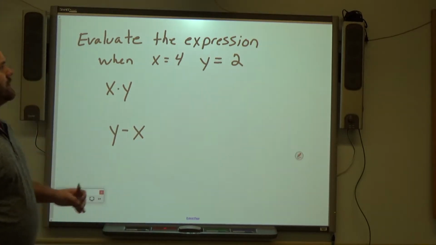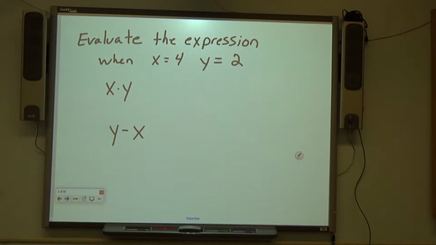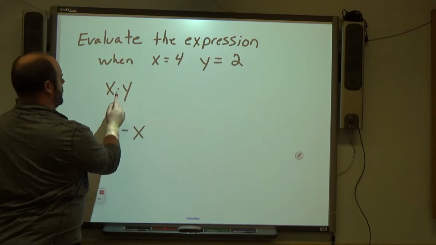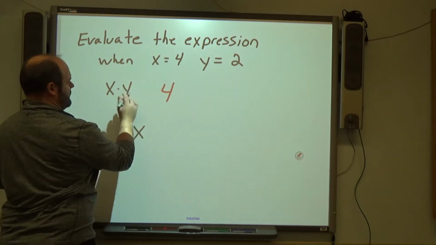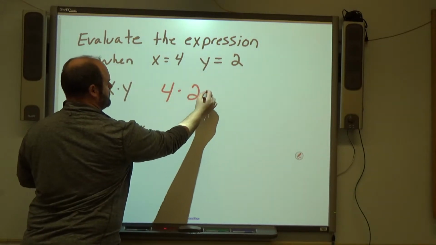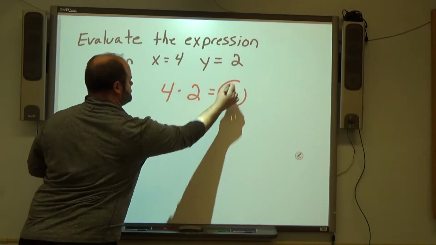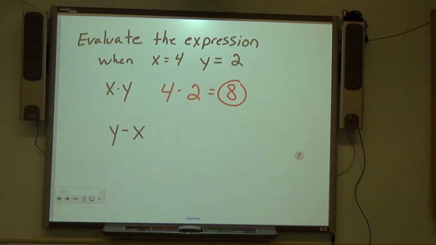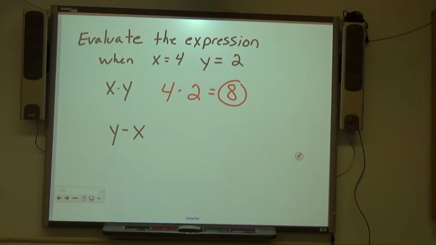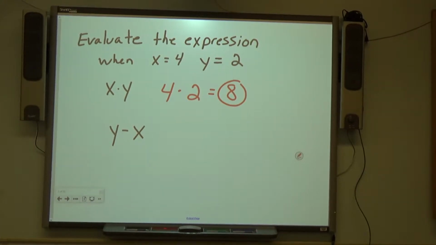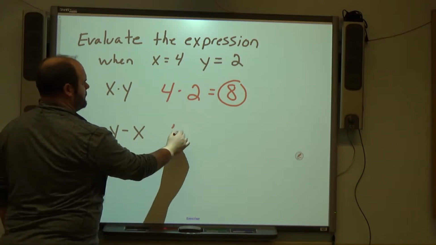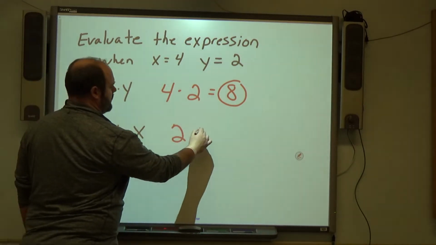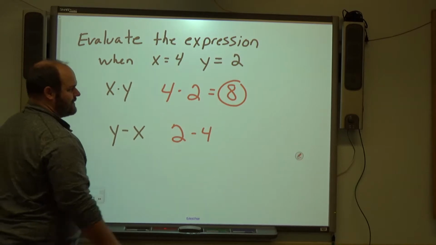Evaluate the expression when x equals 4 and y equals 2. All you're going to do is take 4, put it in for x, take 2 and put it in for y. And this dot means multiplication. And when we multiply, we get 8. And here, y is 2, x is 4, and it says to subtract them.